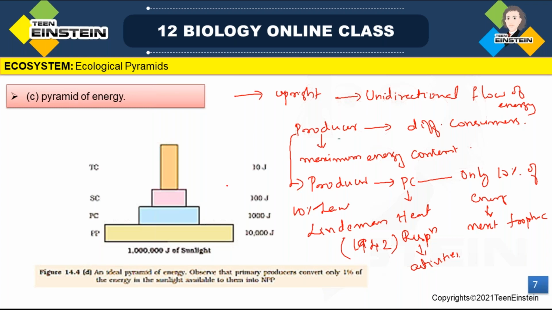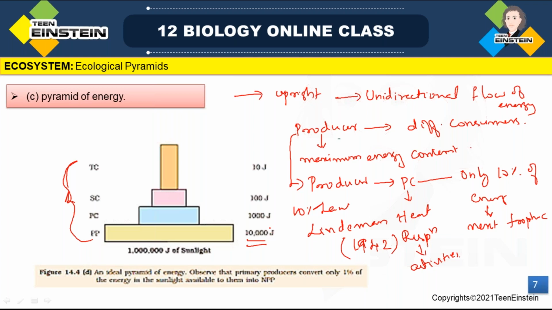So just to explain this, we can take one example. Here, solar energy, 10,000 joules.